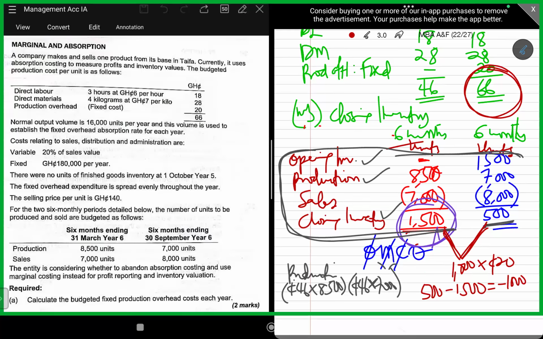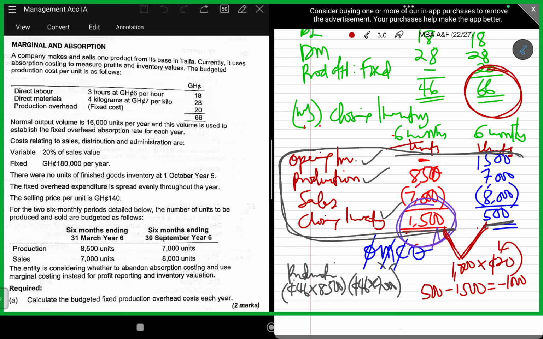So negative 1,000 times 20 will give us negative 20,000. So that's how I got to know it was wrong. When we got the 22,000, I realized that when I subtract these two from my memory, I'm getting 1,000. So I should have 20,000 there, not 22,000.